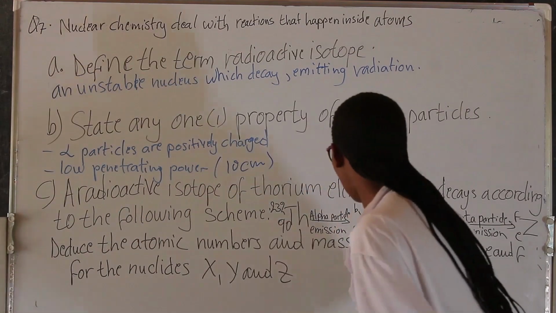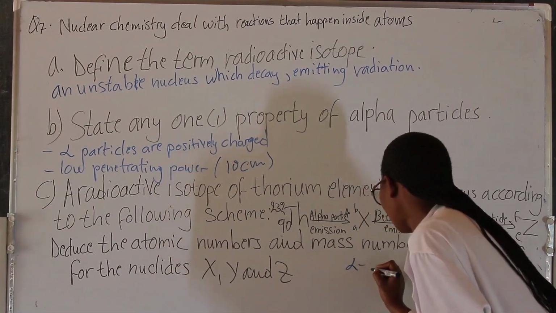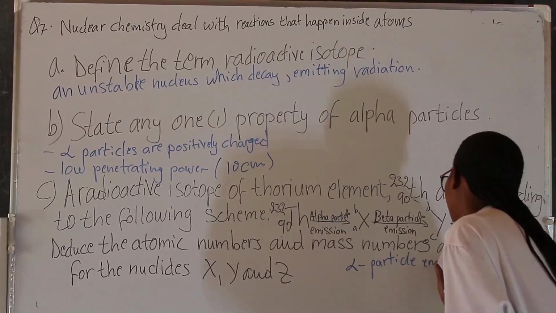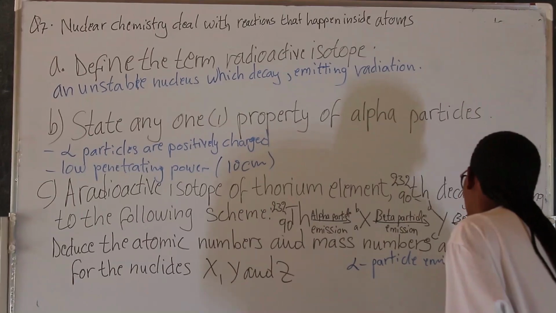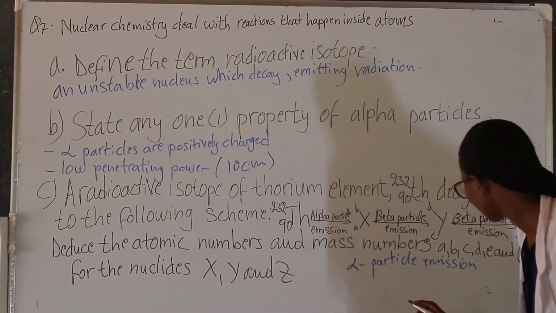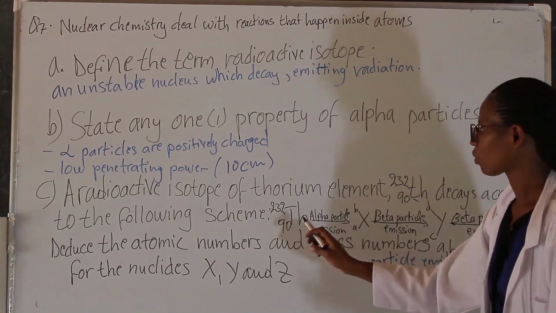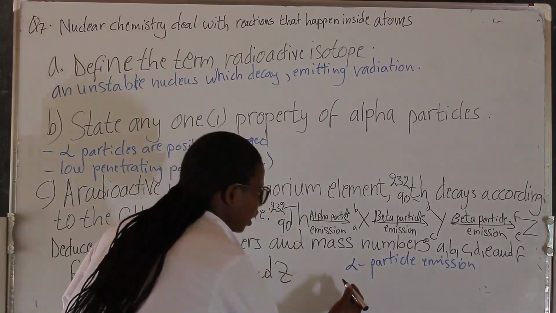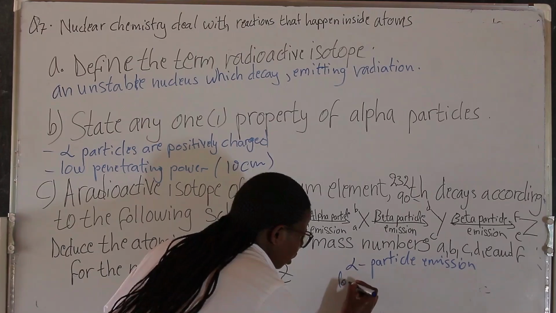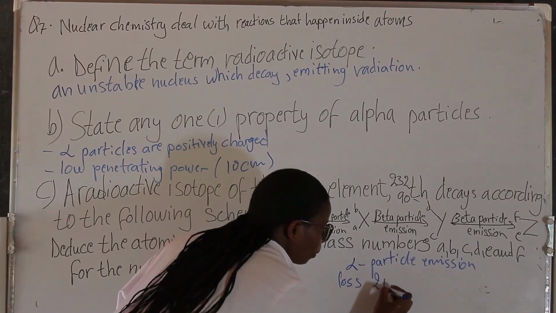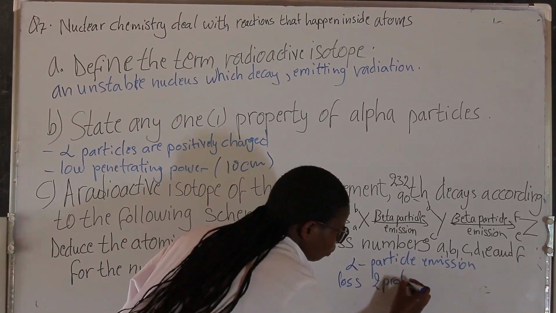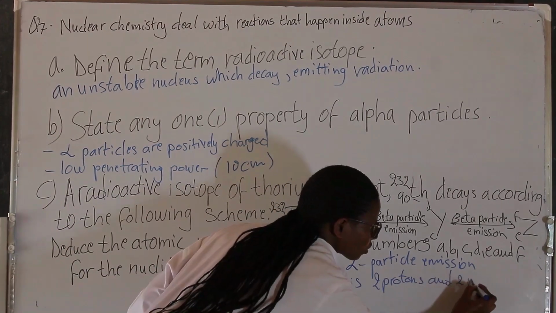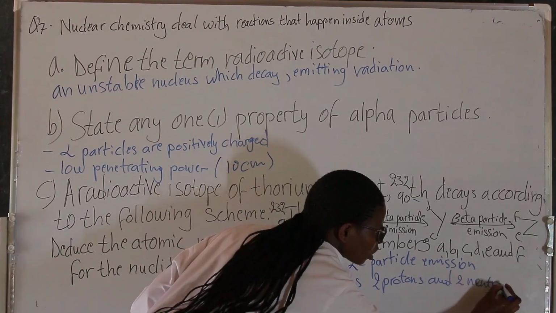Here, for alpha particle emission, when an element emits an alpha particle, it loses two protons and two neutrons.